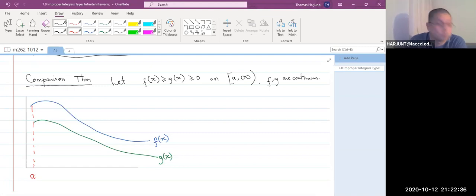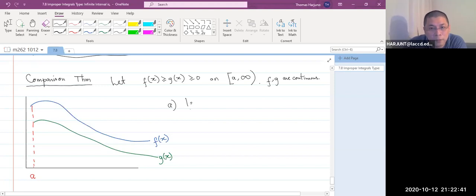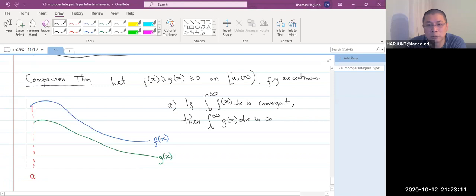Now, first one. If the integral from a to infinity of f(x) dx is convergent, then the integral from a to infinity of g(x) dx is also convergent.